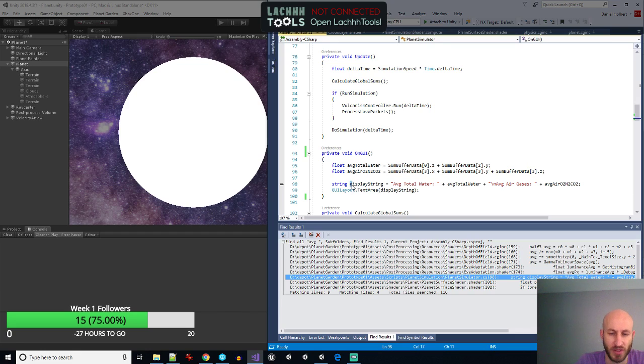So I'm already displaying this stuff, average and total water and air gases, and I add all that stuff plus the ash, and then I have my total air pressure.